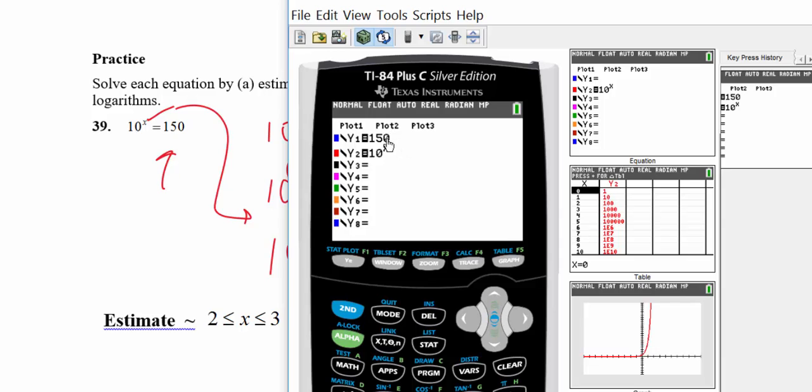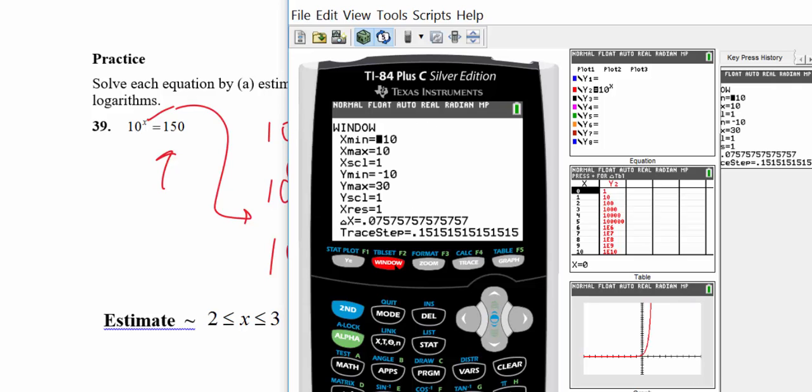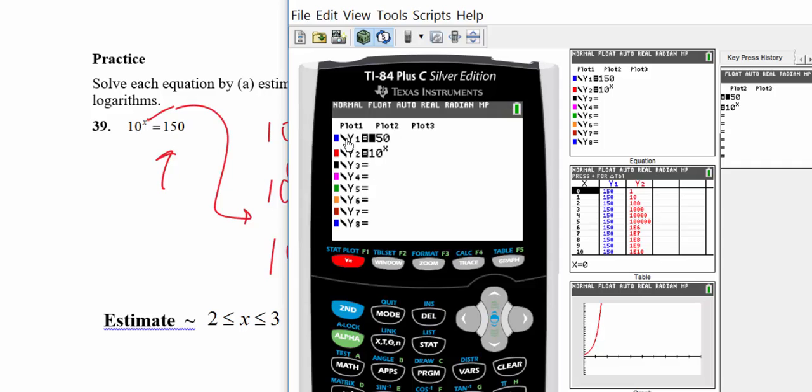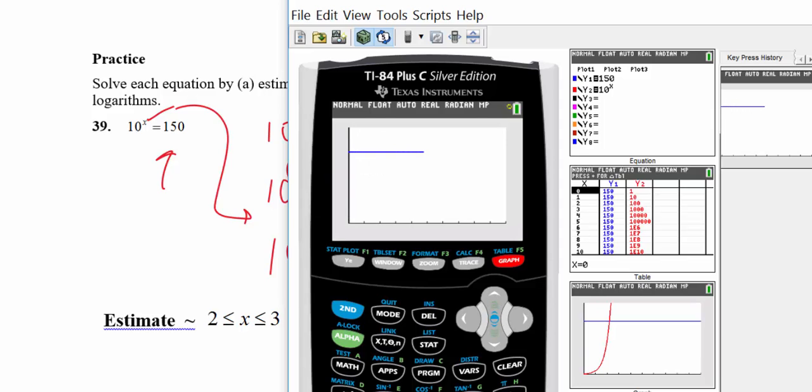If you wrote 150 where y2 is, that's fine, and 10 to the x where y1 is, that's fine. For our window, I'm going to say 0 to 10 and 0 to, well, I know I'm going to have a straight line at 150, so my y max has to be bigger than 150. Because y1 is going to be a straight line at 150. I press graph. Okay, here's my straight line at 150.